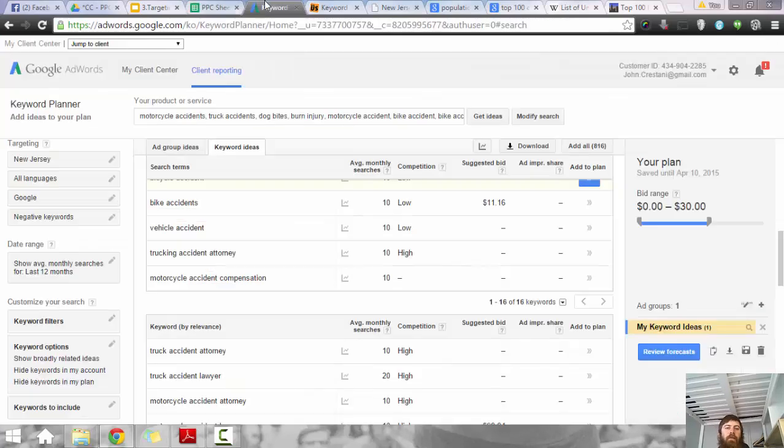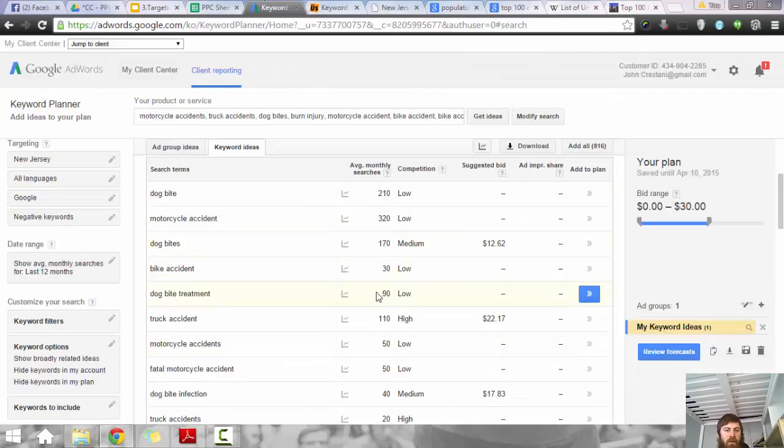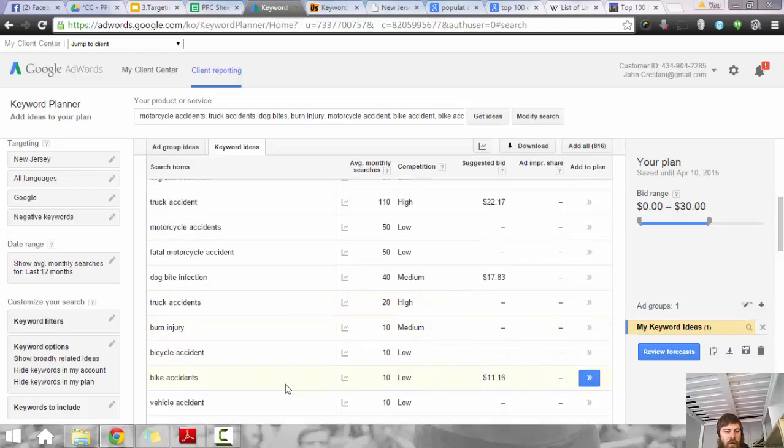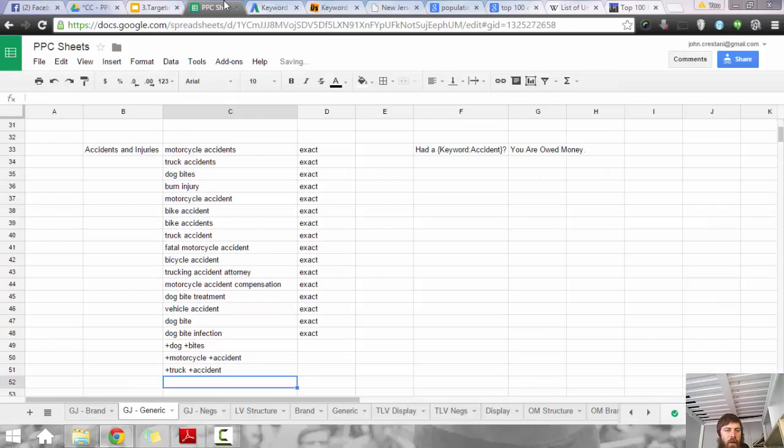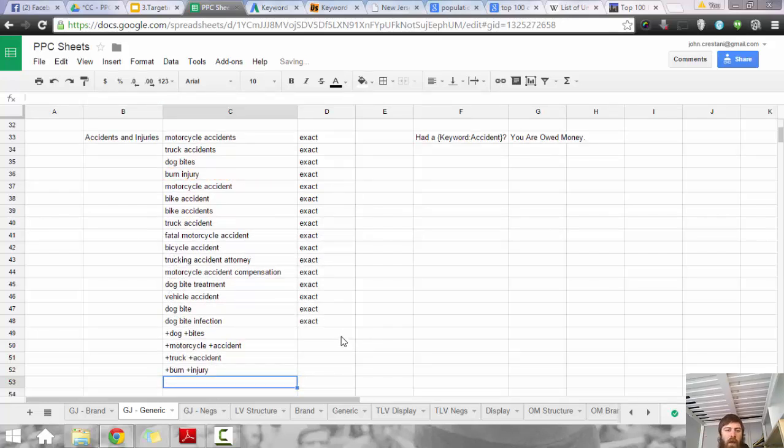Truck accident. Let's see if by treatment we'll get that. Motorcycle accident. Nothing for burn injury. Well, I don't know if we did burn injury completely right, so there may be a lot of long tails here.